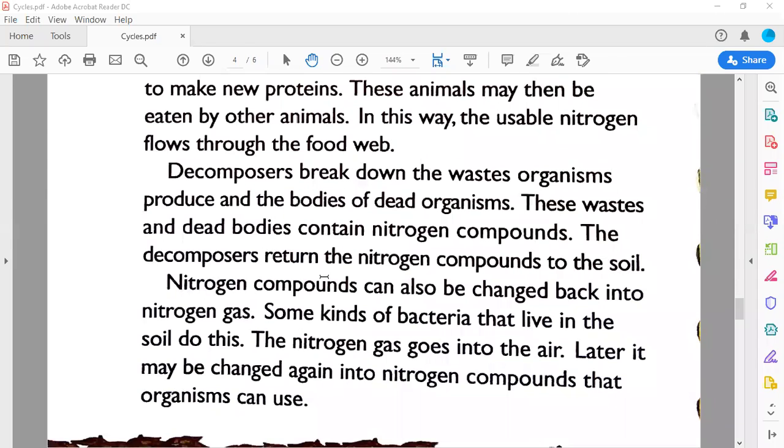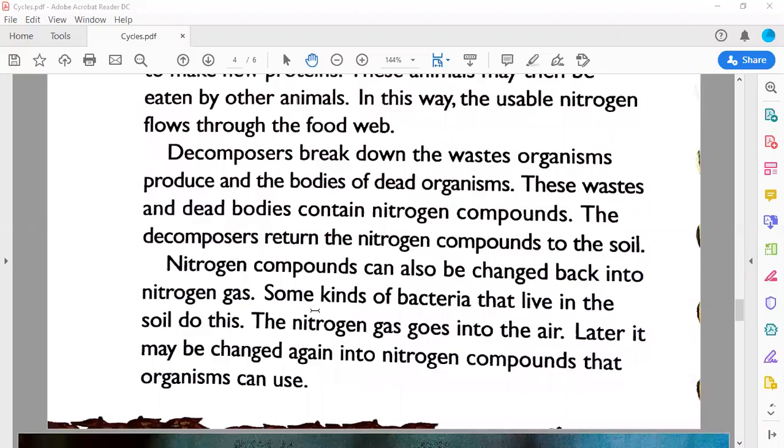And decomposers also take a very important role in this cycle because they break down the wastes of the organisms, okay? And these wastes and dead bodies contain nitrogen compounds as well. And what happens? Well, the decomposers return the nitrogen compounds to the soil, right? So now the bacteria can use the compounds of the nitrogen again, and then it all goes round and round over and over again.